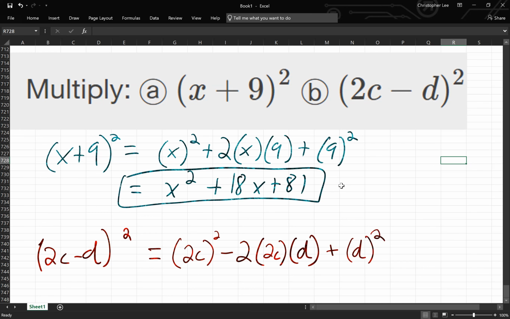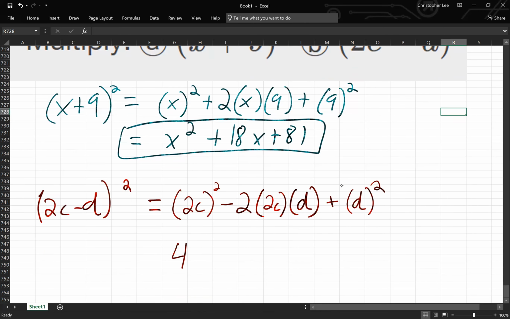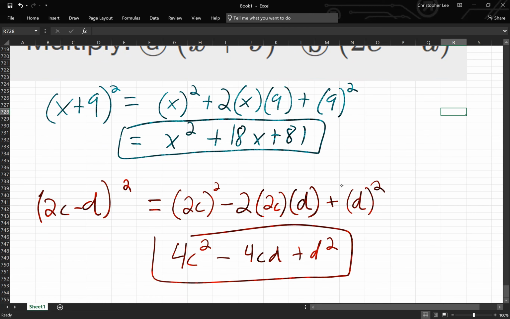Let's do the math on this real quick. This is going to be 4c squared minus 4cd plus d squared. And that's that. Did everybody get that answer? Any questions on that?